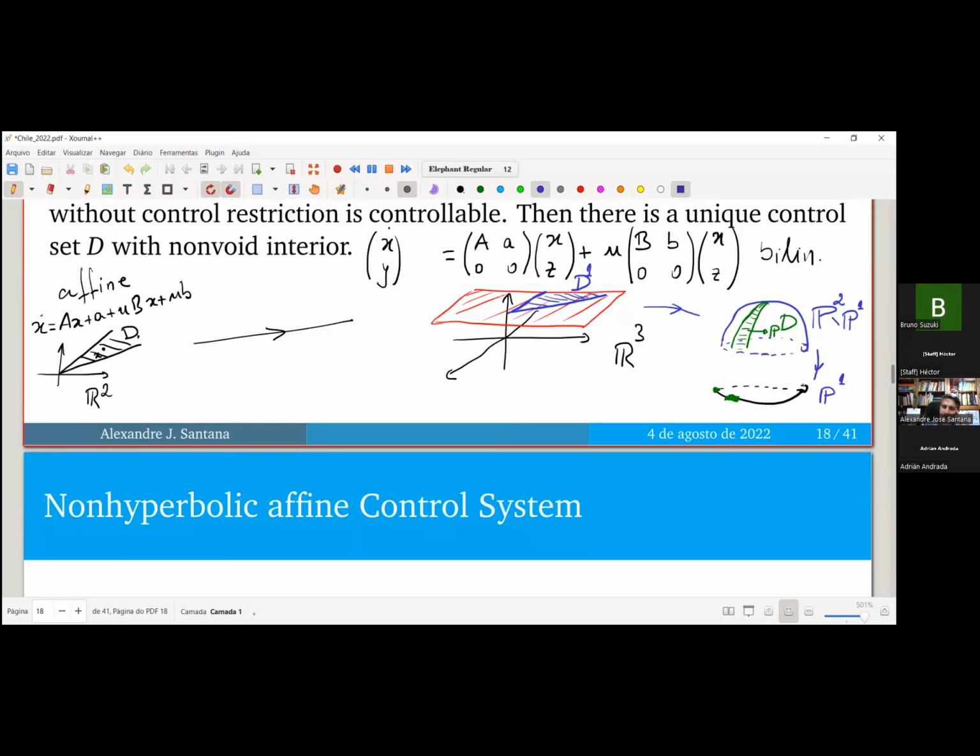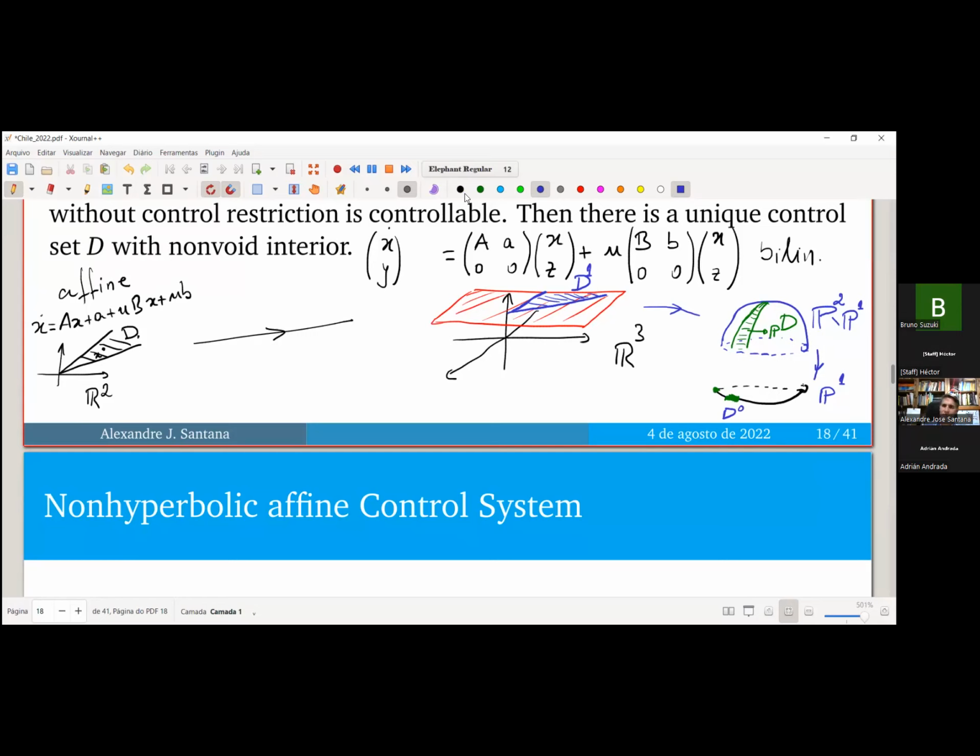Then in the infinity, in the boundary of this set PD, we have this guy here, I will call D0.